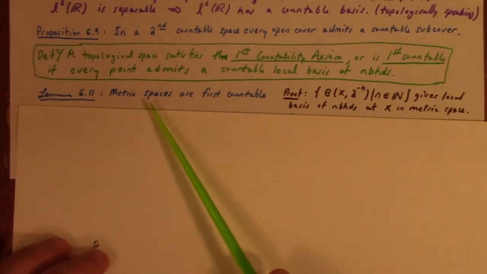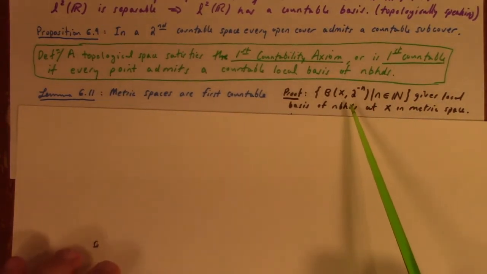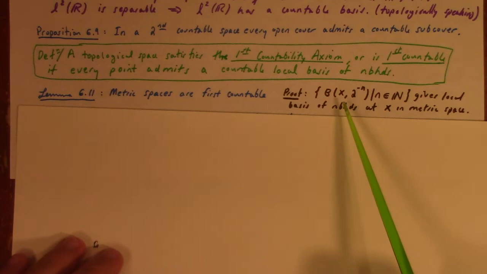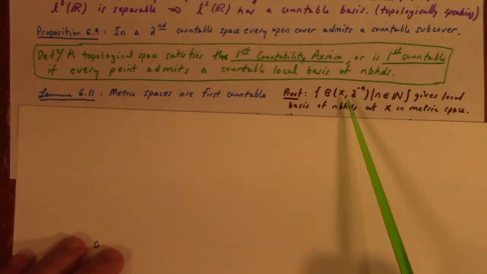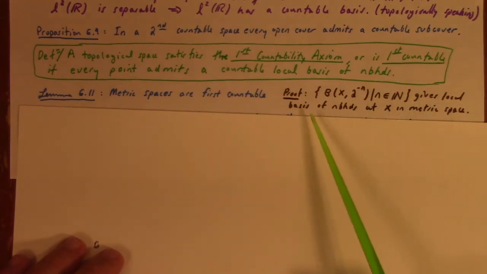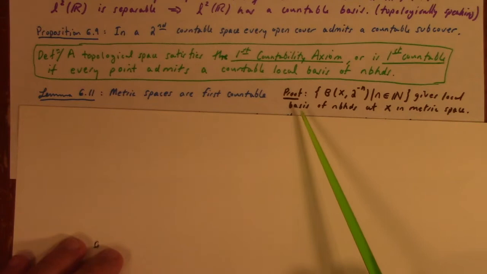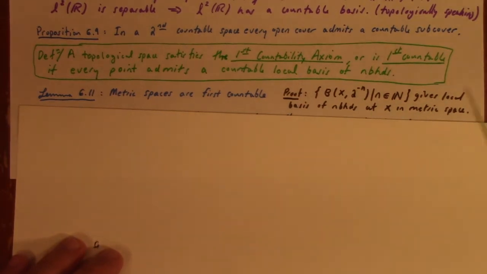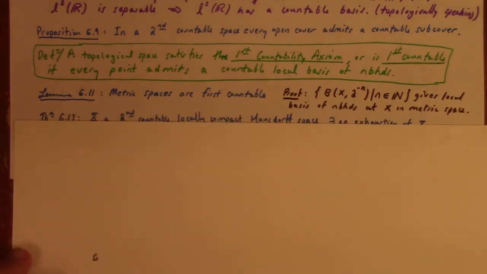To see that any metric space is first countable, pick a point x and study the open balls of radius 1/2 to the n. You can prove that gives a local basis of neighborhoods at x, but x being arbitrary, you've just proved that the metric space is first countable. Metric spaces are just super nice anyway.